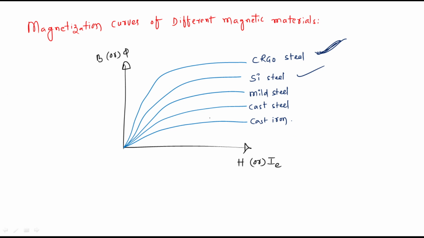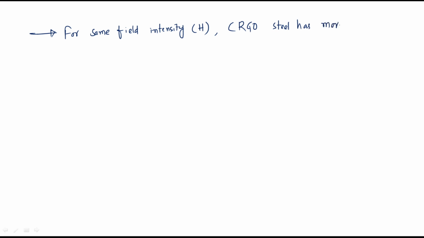For the same field intensity or excitation, we have an important point: CRGO steel has more flux density. For example, phi equals B times A, right?